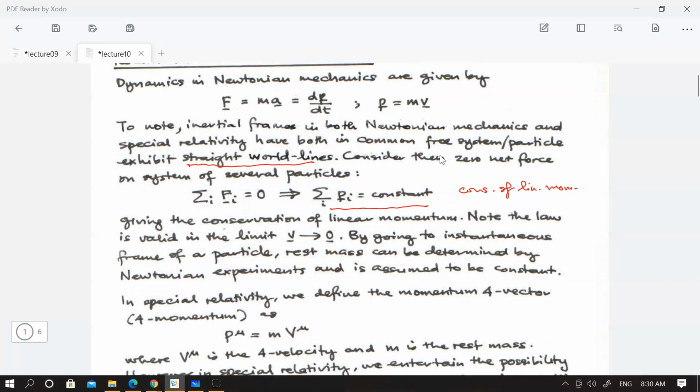So what we're going to do next is to generalize this particular idea. One of the things that you want to be valid is that when the total net force equals zero, you still have conservation of linear momentum. And we want it to be true in all possible inertial frames, including the limit where the velocity goes to zero.